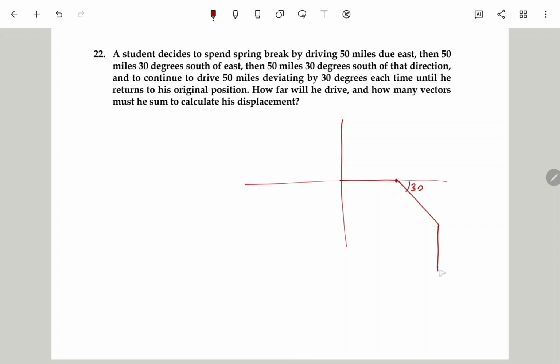So in this case, this student is just driving and deviating from the initial position like this.